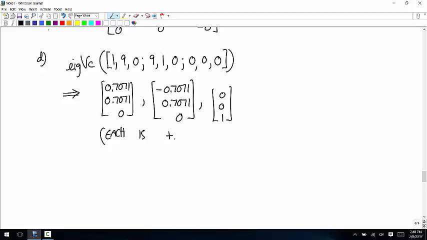And each of these is plus or minus. So you have to choose the plus and minus so that it's an acceptable coordinate system. You can't have x cross y equal to negative z, for example.